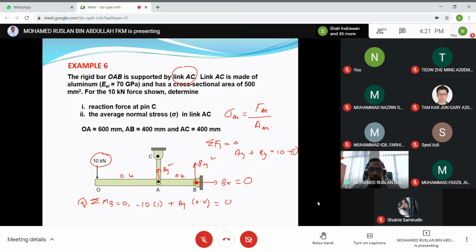So from here you can determine the AY. Is AY positive or negative? Positive. Positive is equal to 10 divided by 0.4. So this one equals 25.